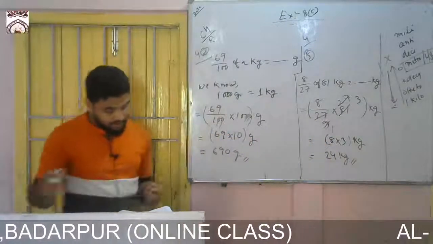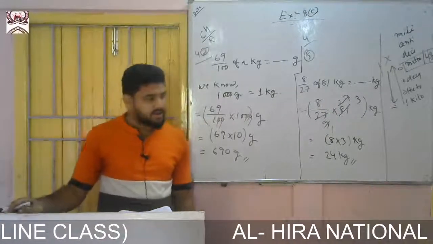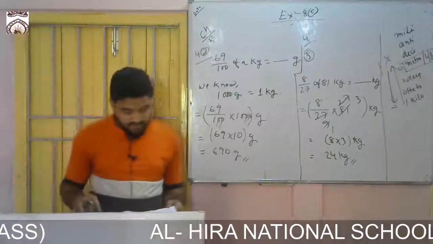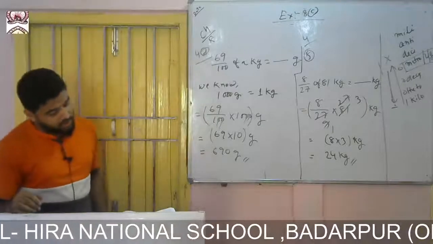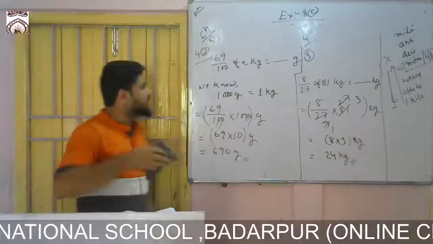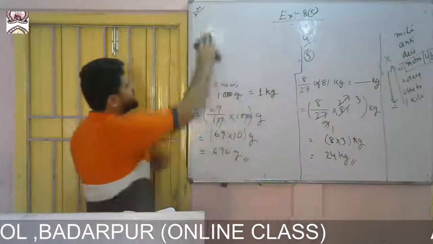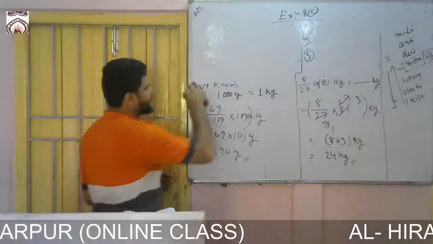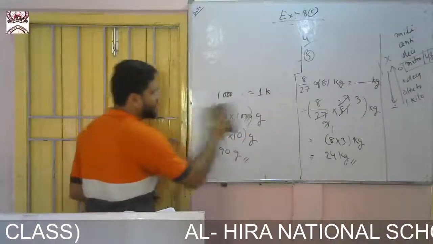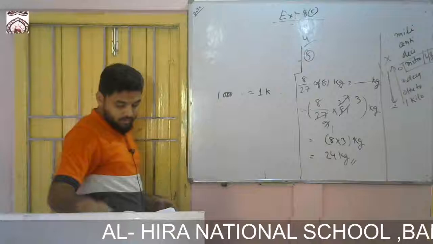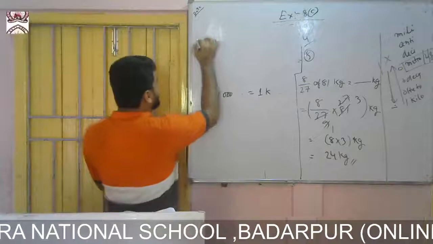24 kg. Now come to question number 5. 7 by 10 of a kilometer, from kilometer to meter. So see, question number 5A. 7 by 10 of a kilometer.